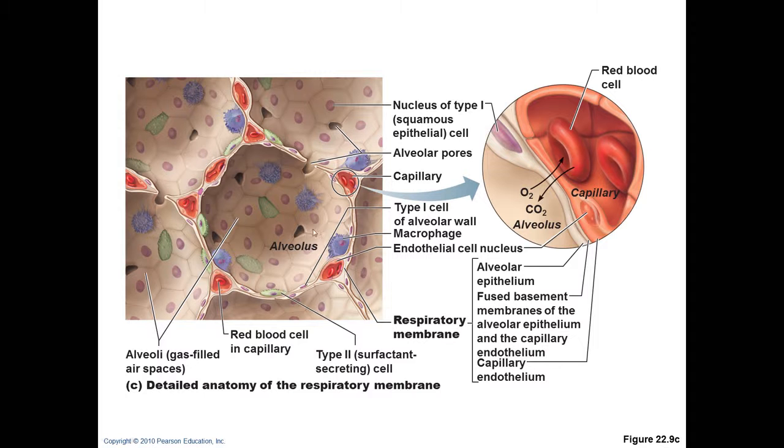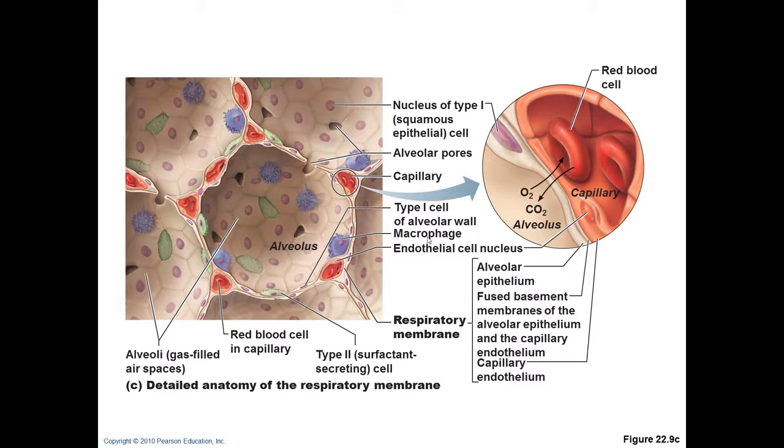The little purple cells you see in here are special types of macrophages that live in the alveoli of your lungs, and hopefully you remember that macrophages do phagocytosis, so they engulf things like bacteria and viruses and dust particles that might wind up down in this part of your respiratory tract. They also ingest your tissues that are damaged, so they're very important.